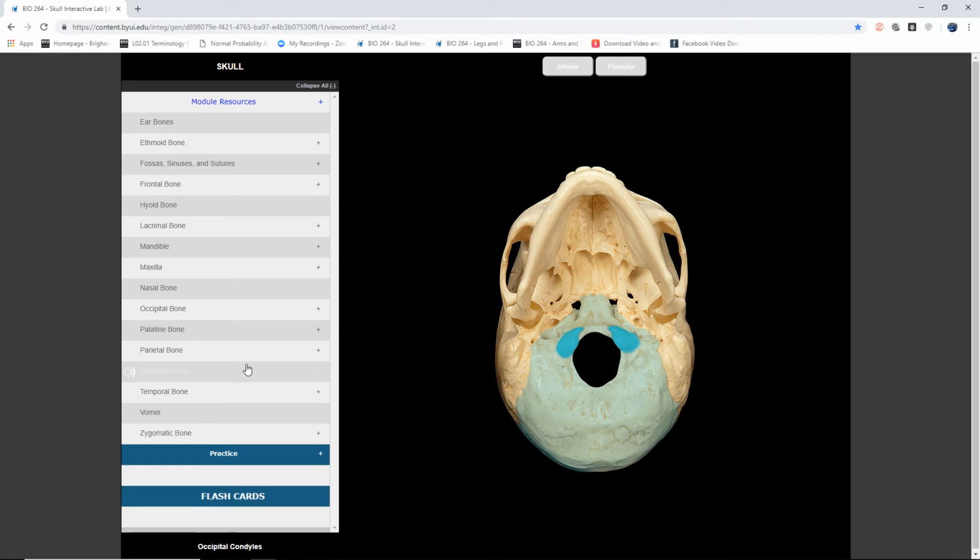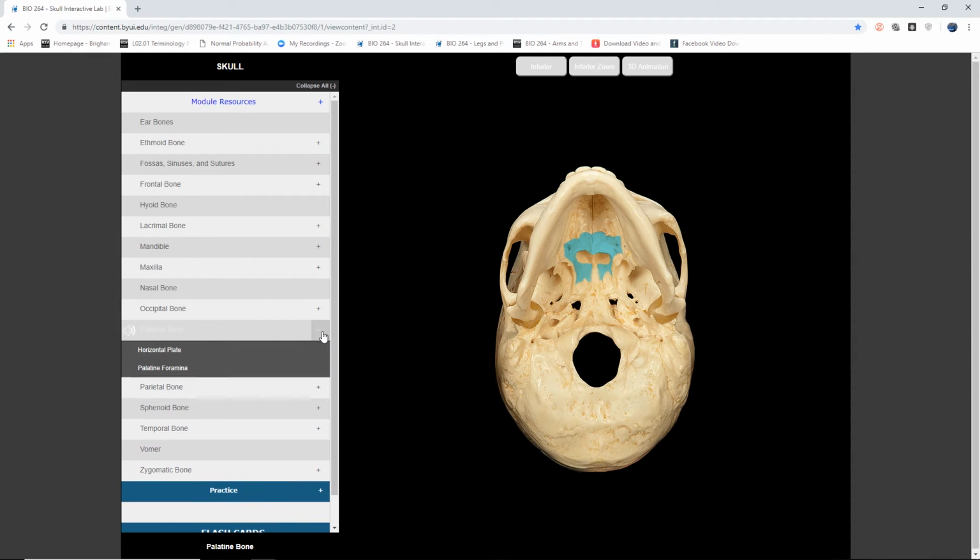All right. Next is the palatine bone. The palatine bone is right underneath the palate. We have two parts of this one. One is going to be the horizontal plate, right there. Now the horizontal plate is called the horizontal plate because it's horizontal to the horizon. So it's the flat plate, horizontal plate.